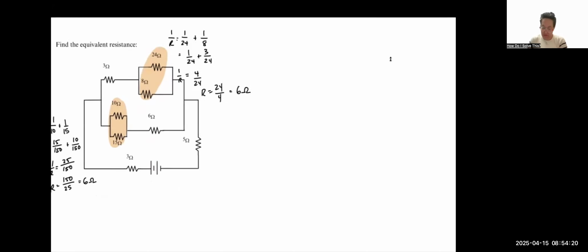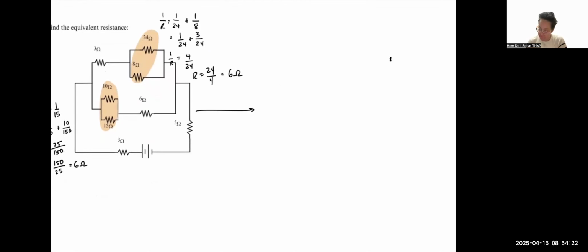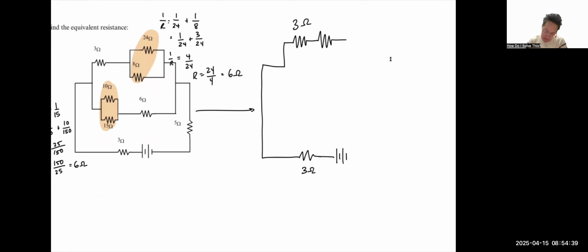So let's do the redraw here. I have a 3 ohm resistor here. Top branch, I get a 3 and a 6. Bottom branch, I get a 6 and a 6. And then before I get back in, I have a 5 over there.